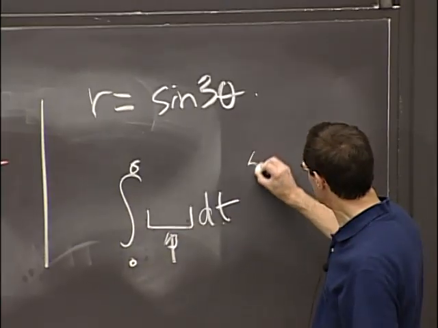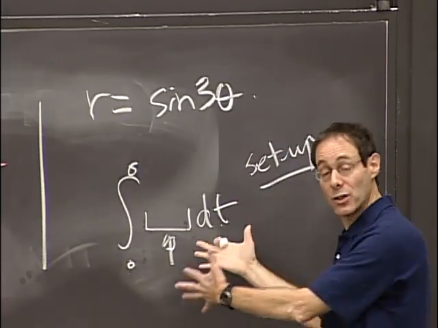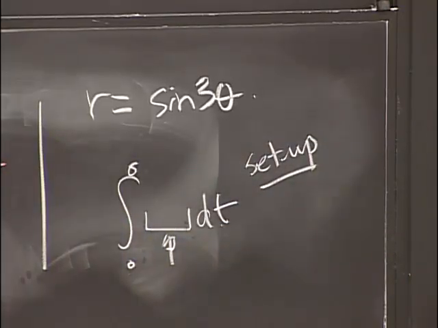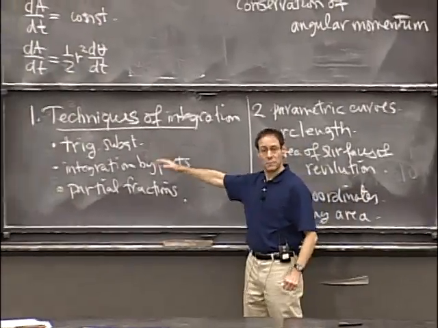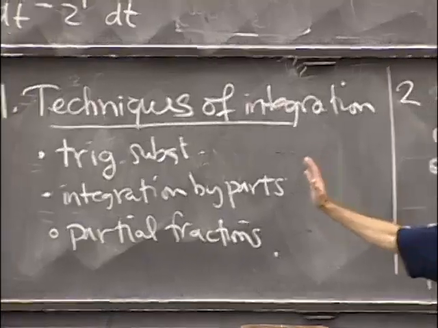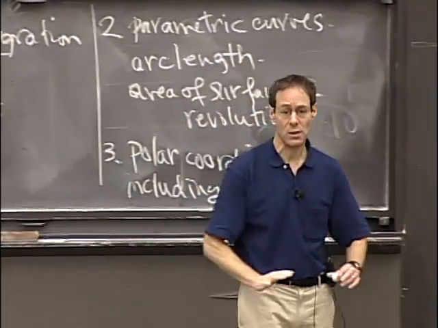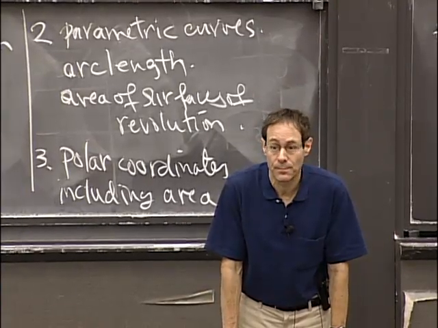This is the setup for all of them. And then the second step is evaluating, which really is what we did in the first half. Unfortunately, we don't have infinitely many techniques, and there are some integrals that can't be evaluated and some that are too long. So we'll just try to avoid those. I'm not trying to give you ones which are hopelessly long.